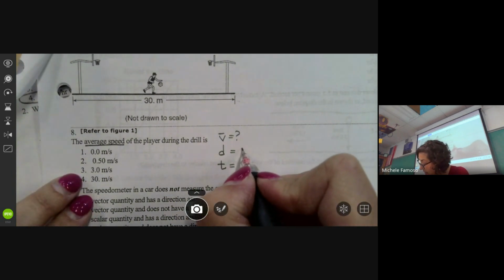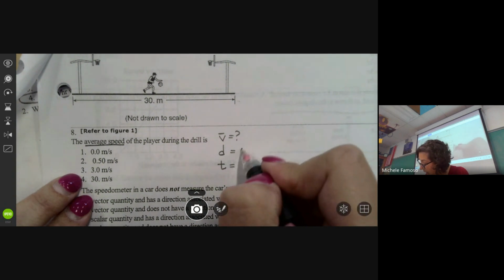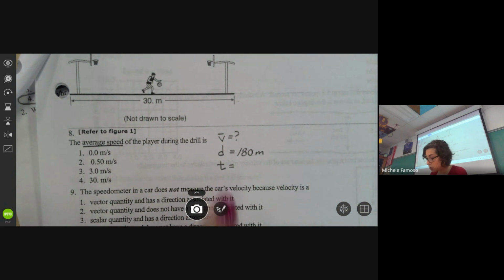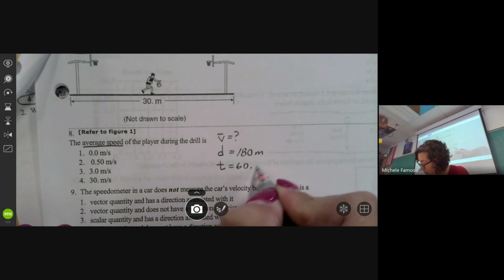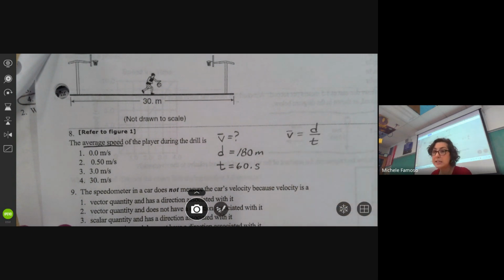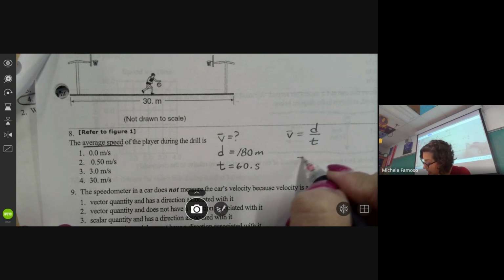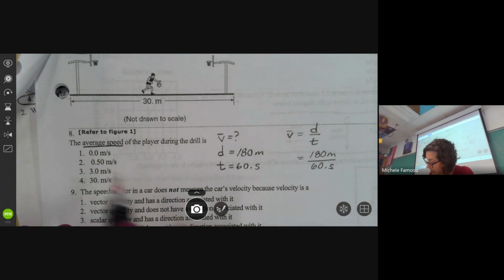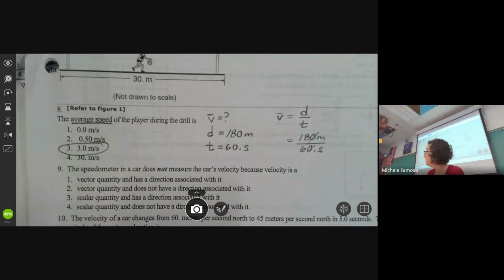So that distance is 180 meters, right? 60 times 3. We are told they're doing that in 60 seconds. So to get the average speed, we take the distance traveled and divide by the time. 180 meters over 60 seconds gives you 3 meters per second, choice 3. Anything else through question 11 that you'd like to go over?